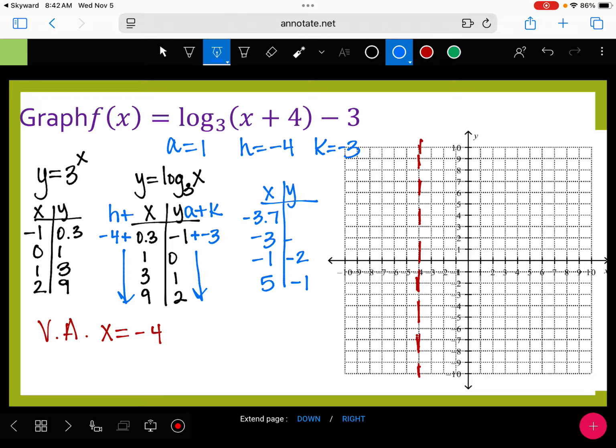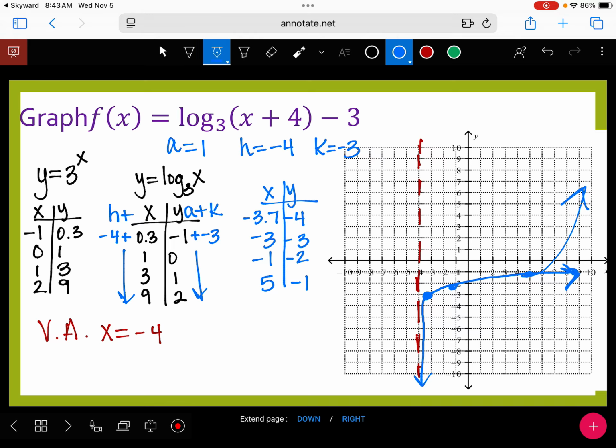One more. And try not to, like this graph, it doesn't go up like that.